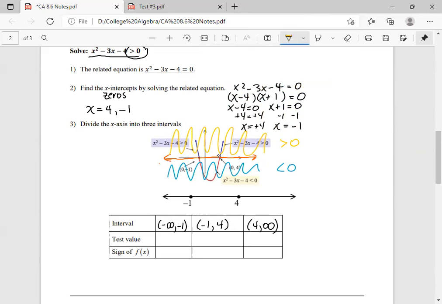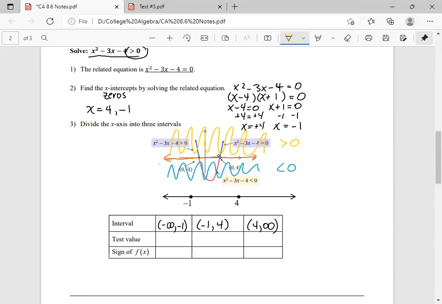So keeping this in mind, I want the solutions to be things that are greater than 0. So I only want the part of my graph that is on top of the x-axis. This little section down here, the section that goes from -1 to 4, it looks like it's all less than 0. Do you agree with that? So that wouldn't be part of my solution.